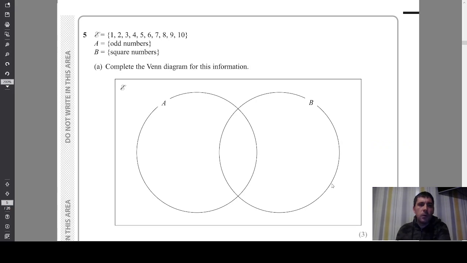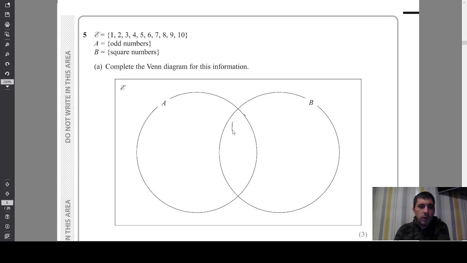And get into some Venn diagrams. So we've got universal sets, so we're only operating with those numbers, okay? Then in A we must put odd numbers, in circle B square numbers, and just complete the Venn diagram. So first start with the numbers in the middle, checking on the list which numbers are both odd and square. I'm putting 1, which is odd, and also 1 times 1 we consider a square number.